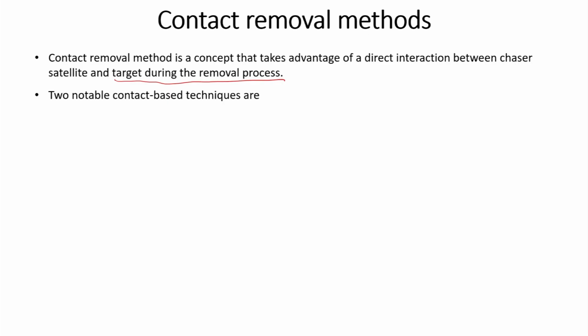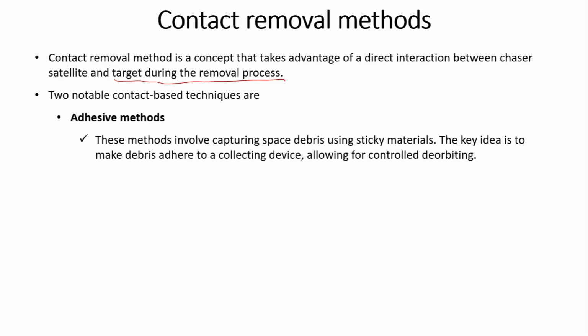There are two notable contact based techniques. One is the adhesive method. Adhesive methods involve capturing the space debris using sticky materials. The key idea is to make the debris adhere to a collecting device, allowing for controlled deorbiting. The other is slingshot mechanisms.